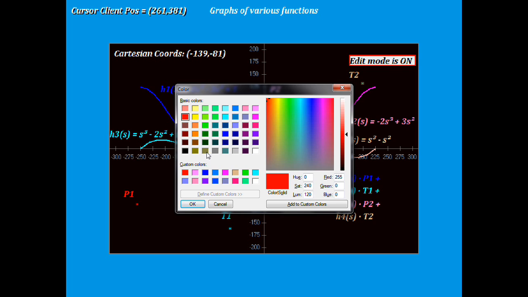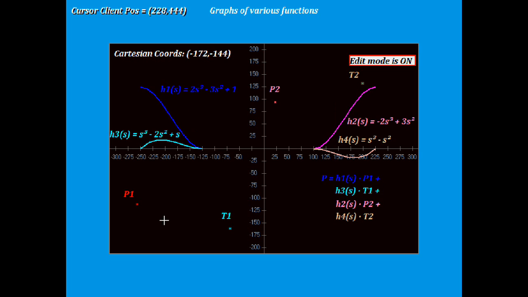First one, a bluish color. How about this? Now this one gets filled in automatically for me for this demo. Okay, so this is the T1 vector, and this is the P1 vector.